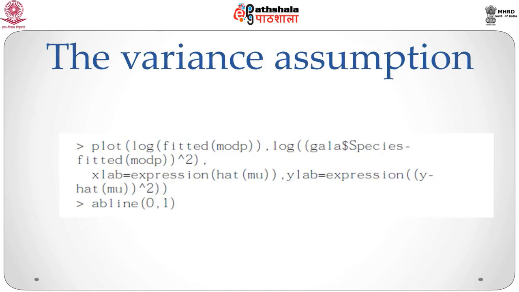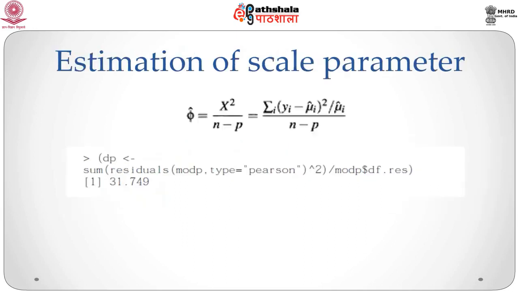So it appears that a reasonable assumption for the data is that the variance is equal to some constant phi times the mean. We next would wish to get an estimate of phi, and this can be done as phi hat equal to chi squared divided by n minus p, where chi squared denotes the Poissonian sum of squared residuals.